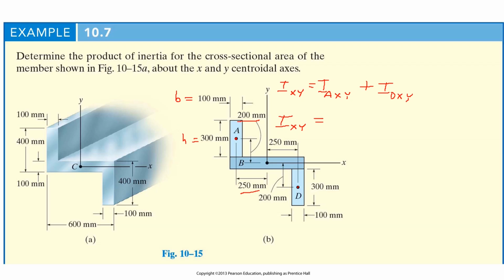So it's just the area, BH, times the distance the center of mass is from the x-axis, and the distance the center of mass is from the y-axis. I'll just leave it in formula form, dx dy. And we multiply it by 2 because we have A and D.